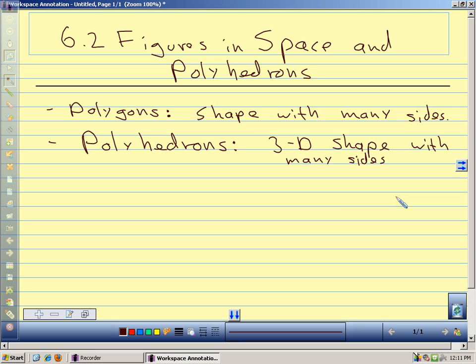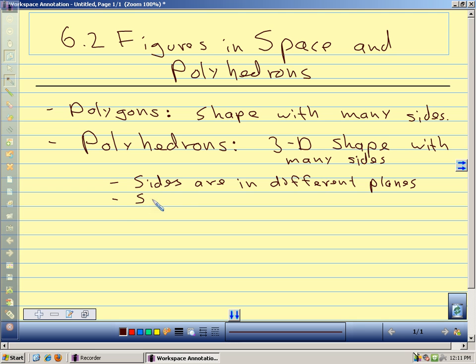The polyhedron has some different properties. So we said that the sides are in different planes. So it's not flat. A polyhedron is not flat.